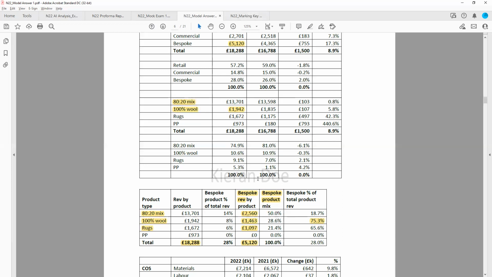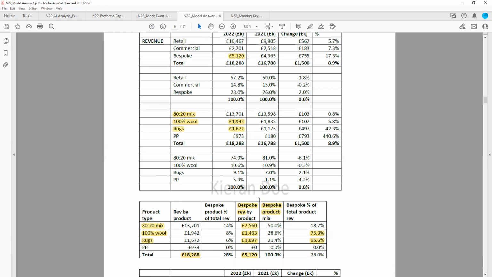Yeah, and kind of vice versa as well. And again, with rugs, million of rugs sold to bespoke design clients of a total sales of rugs of 1672. So again, you can see that the sale of wool and rugs is heavily dependent on bespoke design.